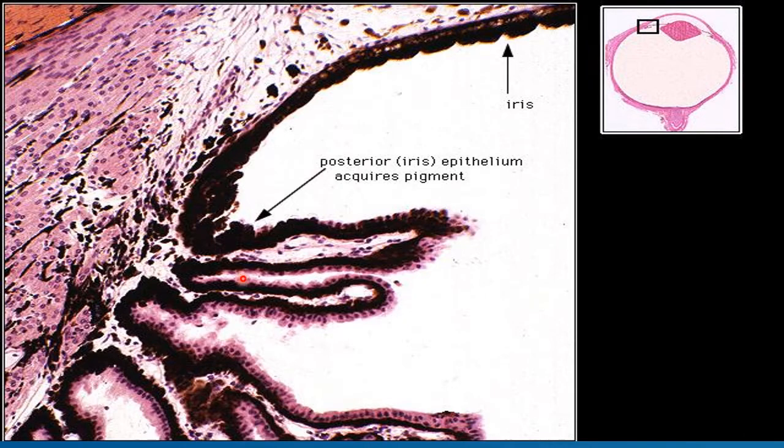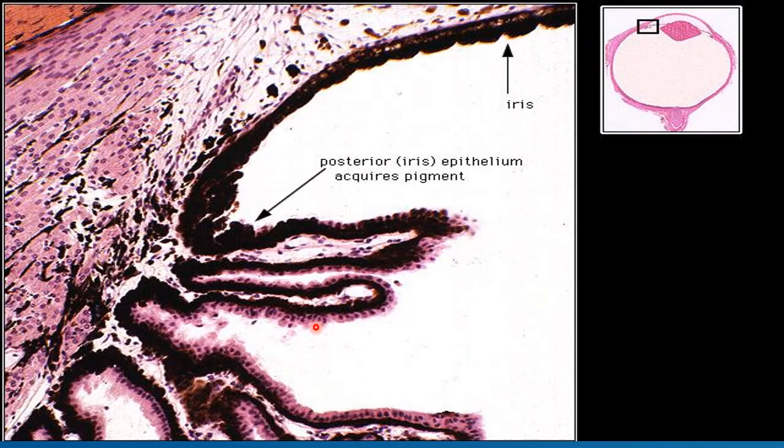Here you can see the columnar epithelium, the two layers. The inner one, heavily loaded with melanin pigment, is the pigmented epithelium, and the one towards the outer side, with lightly staining cells, is the non-pigmented epithelium.